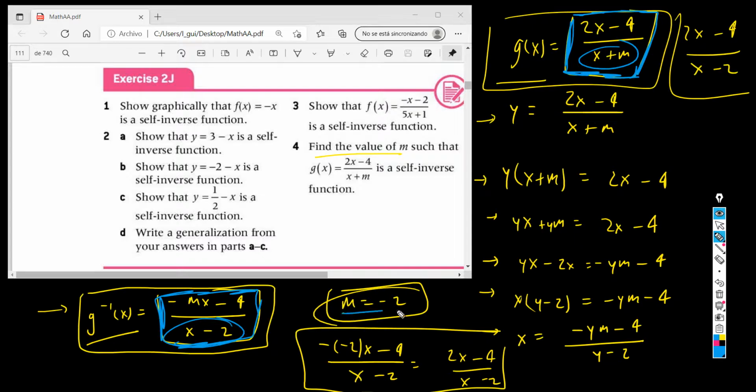And then, okay, let's assume that m is minus 2. Substitute in the proper places, which is right here and right here. And if I do those substitutions, then this becomes this, and this becomes this, and therefore you can see that both things are in fact the same. So m should be minus 2 in order for this to happen.